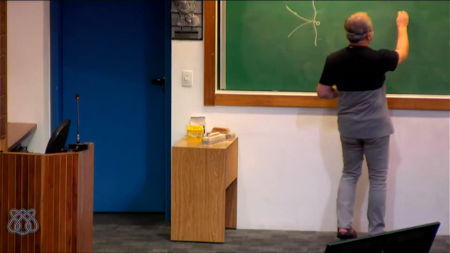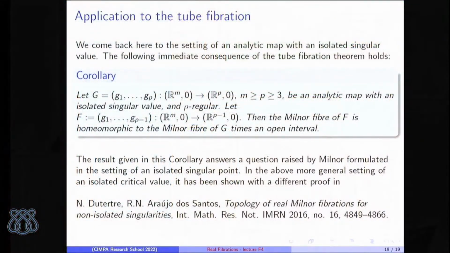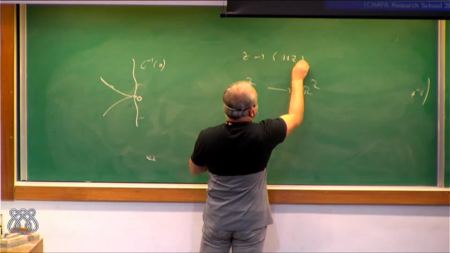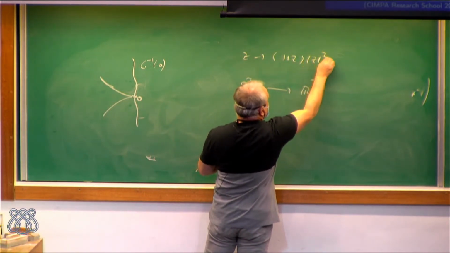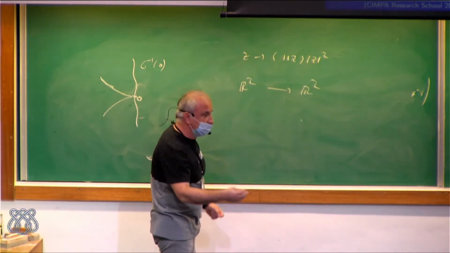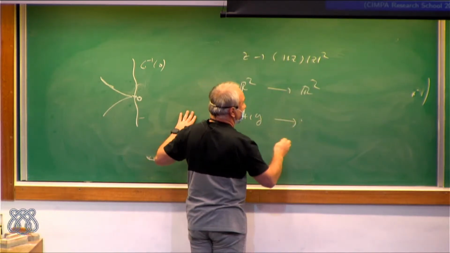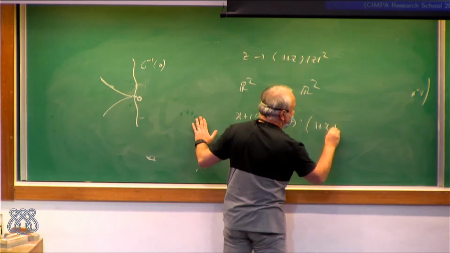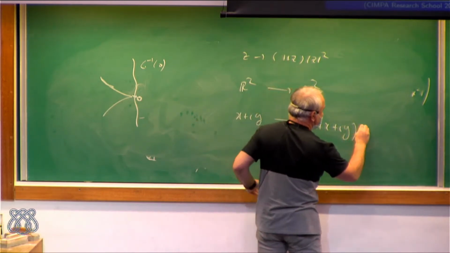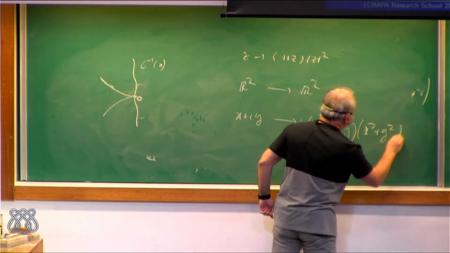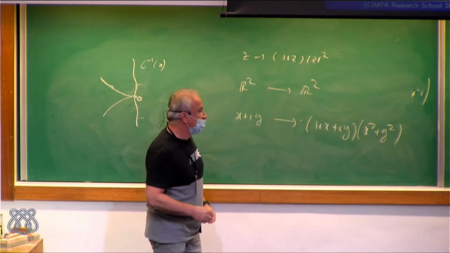But if you look at the real part and then you take the complexification, z goes to 1 plus z. You write it as x plus iy goes to 1 plus x plus iy times x squared plus y squared. You can take the complexification.